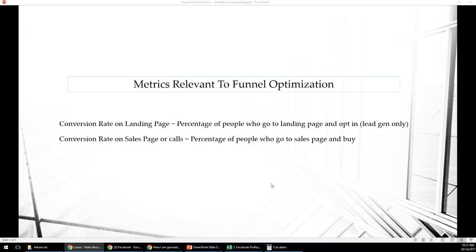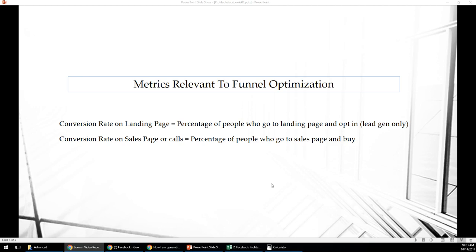So out of 1,000 people that have seen our ad, 100 clicked on it, and out of those 100 who have seen our landing page, let's say only 10 opt in. That's a problem. That's telling us, for example, that the low number of people who have opted in means that our landing page is not doing what it's supposed to do.